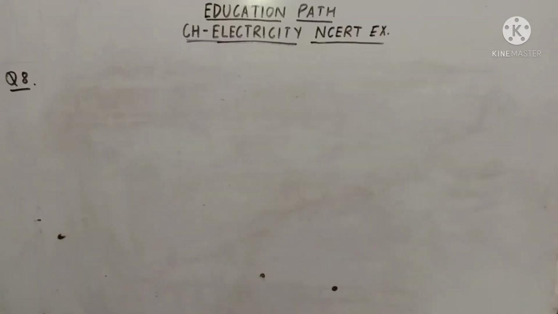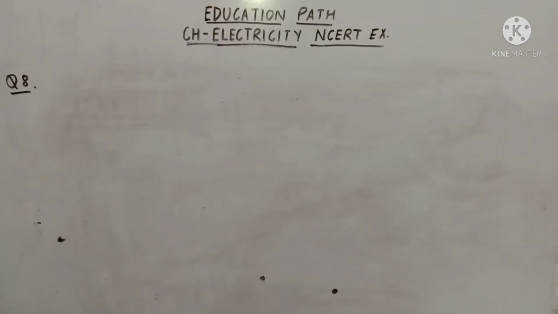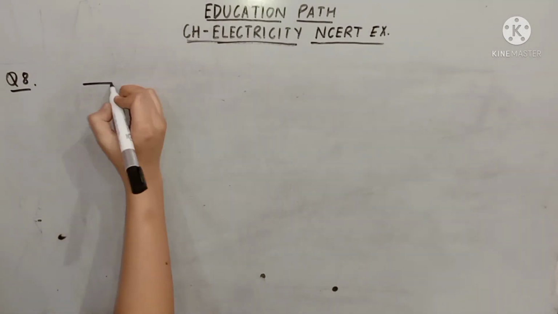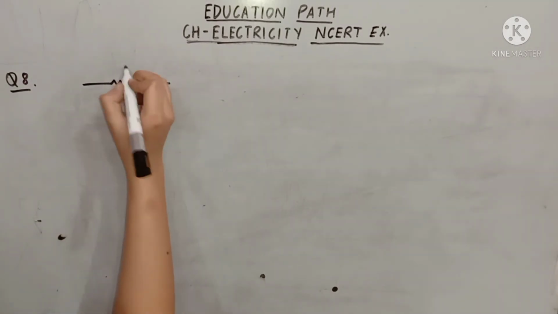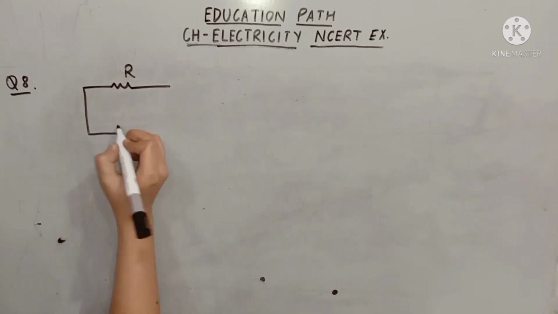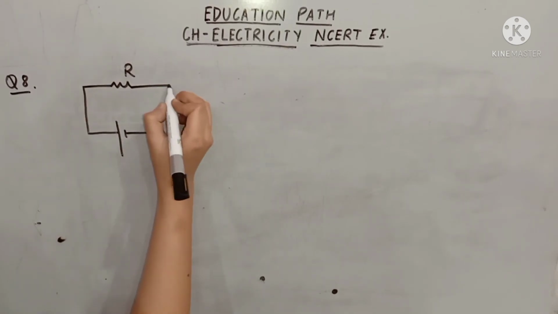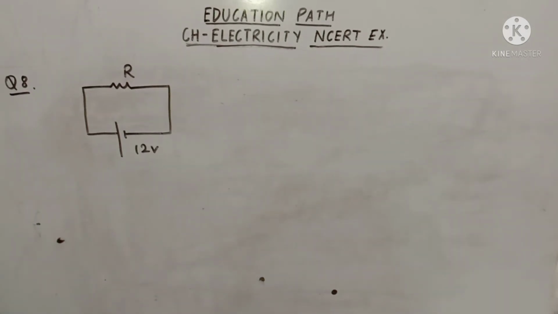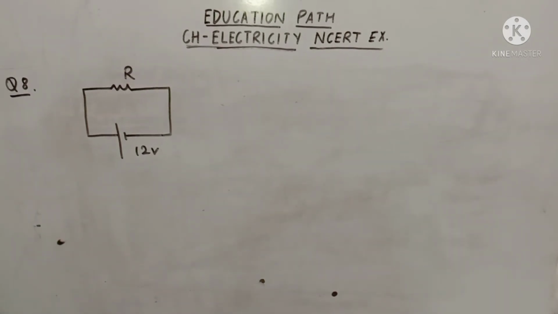Now question number 8. When a 12 volt battery is connected across an unknown resistor R, there is a current of 2.5 milliampere in the circuit.